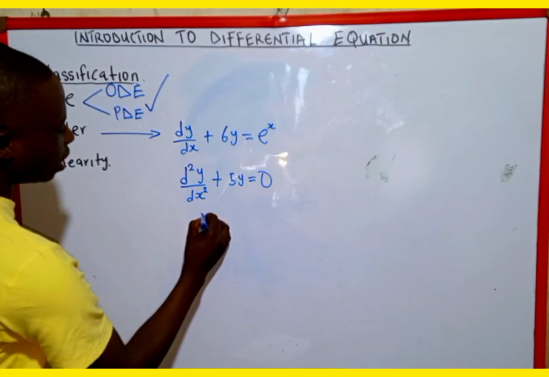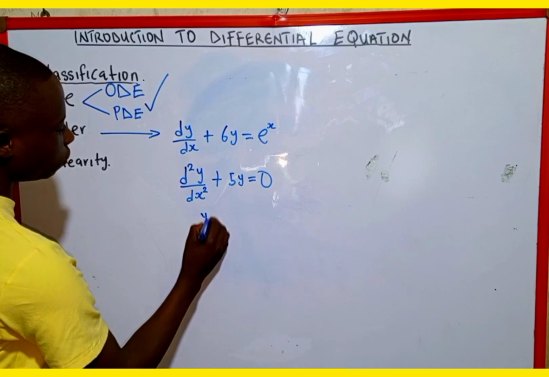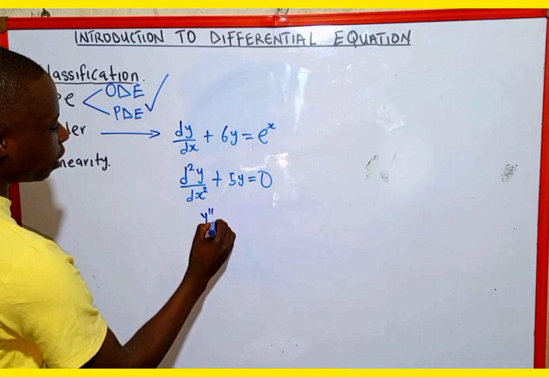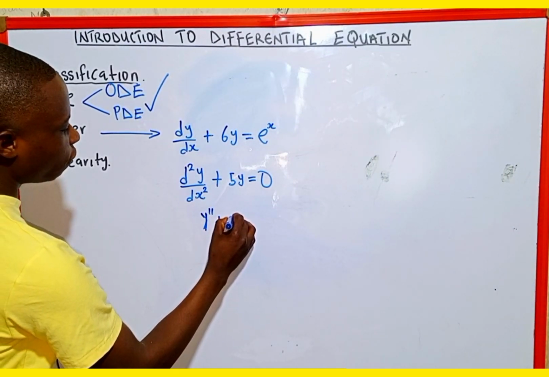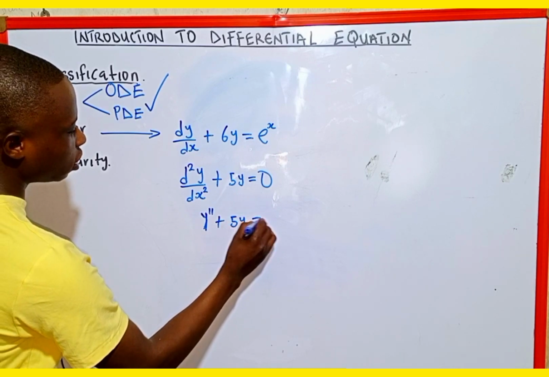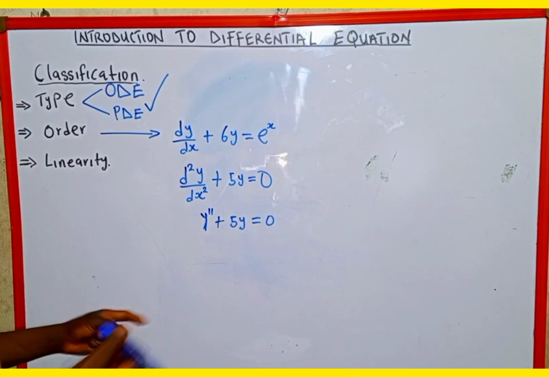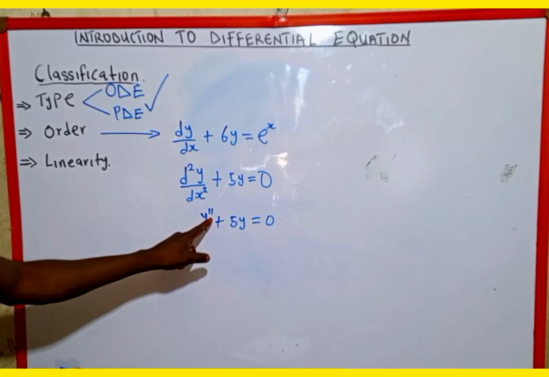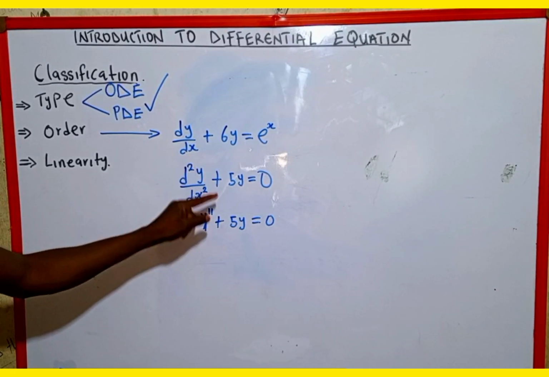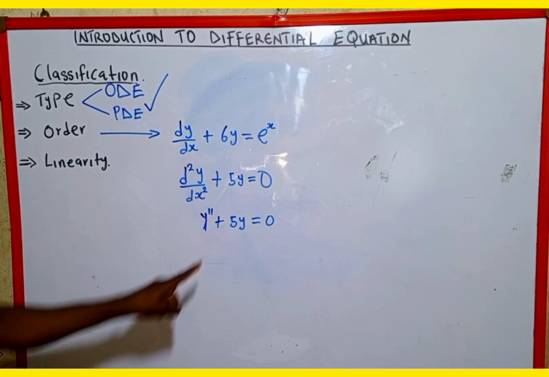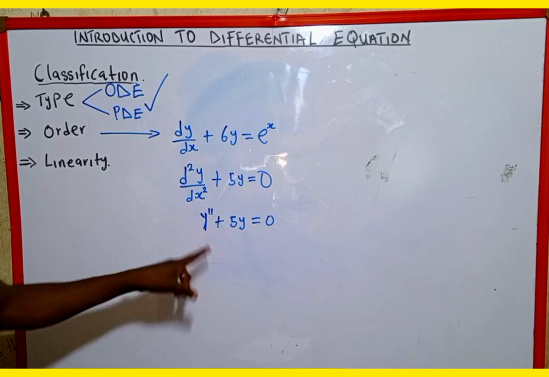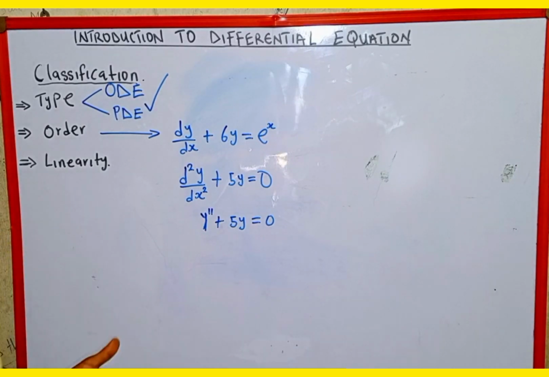So you can have something like y double prime plus 5y is equal to 0, where y double prime can also be written as d squared y over dx squared. This is still a second order differential equation.